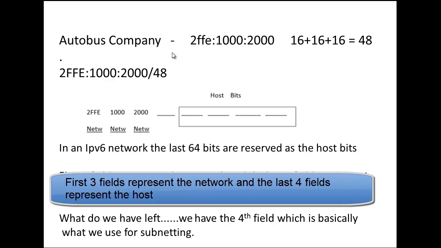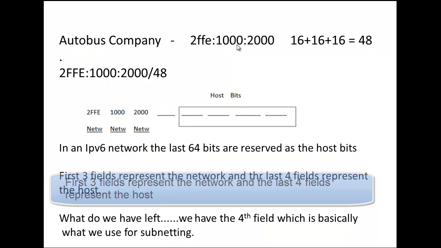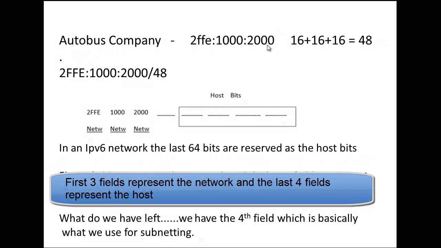Let us look at an example of a company that has been given an IP address by the internet service provider. The company has been given 2FFE colon 1000 colon 2000. So we have 16 plus 16 plus 16.